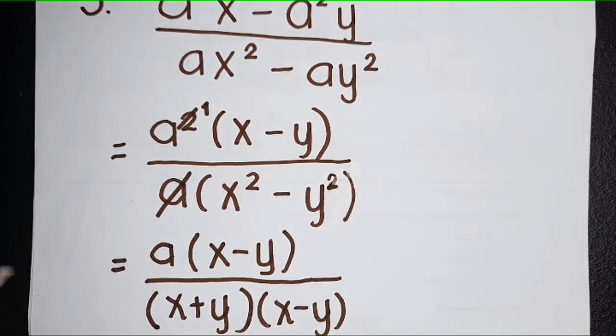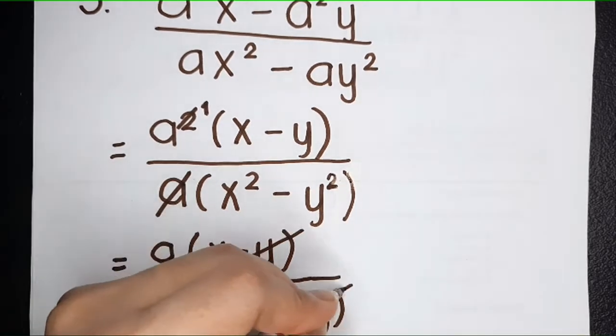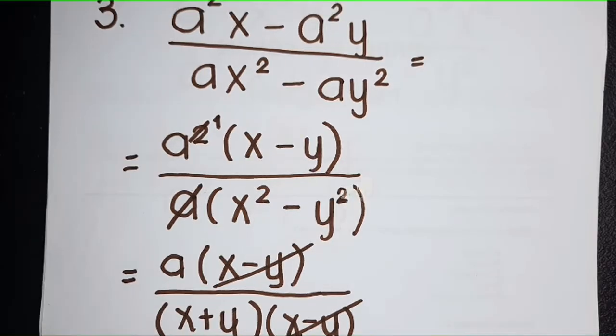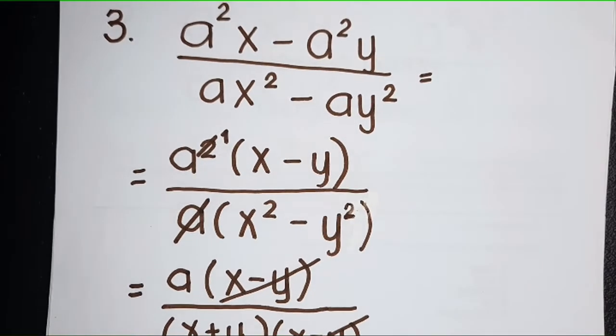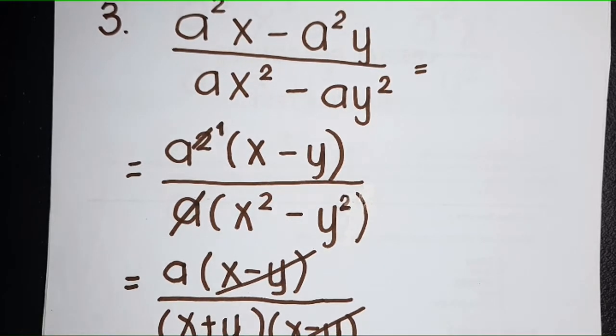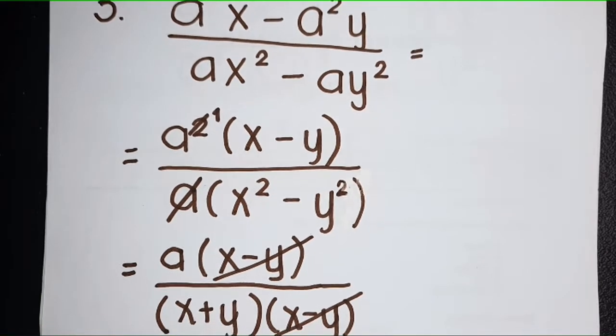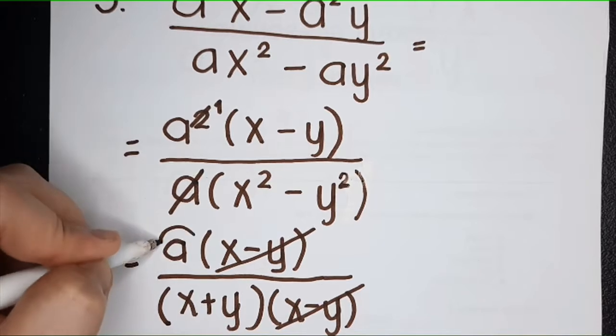You see? And then you can cancel this common factor. So what is the final answer to this example? It is a over x plus y.